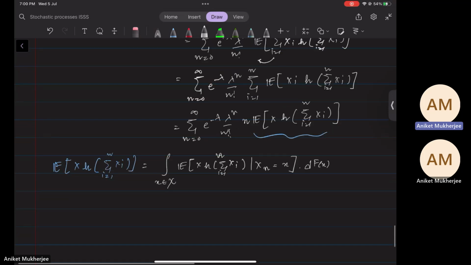This is the conditional expectation that we have. Since we know that it takes x, we have the integral of x times the expectation of h of the summation j equal to 1 to n minus 1 of Xj plus x, dF(x).